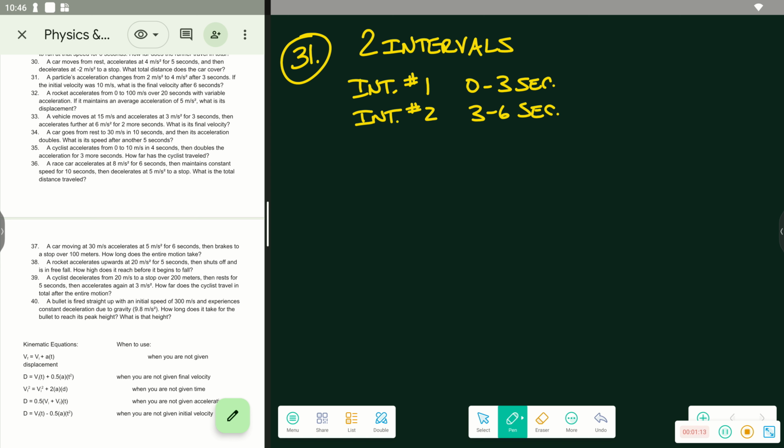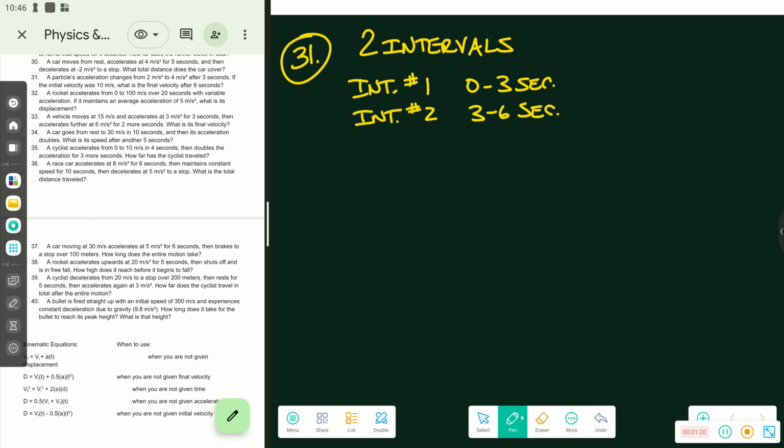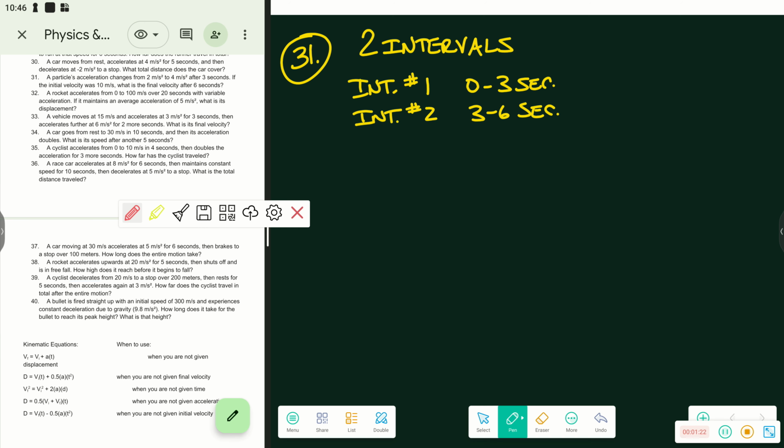We break this down. Just gonna write on here now. Okay. So in this case, it changes from 2 meters per second to 4 meters per second. That's going to be your acceleration, okay? And 3 seconds.